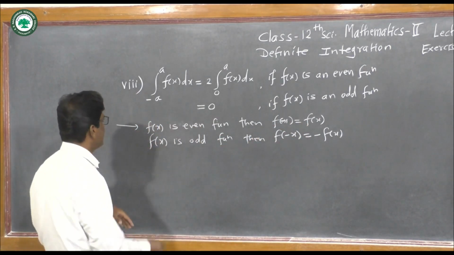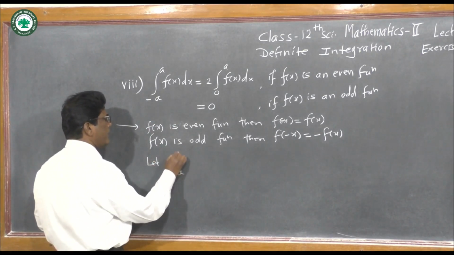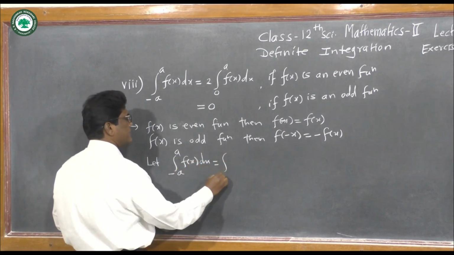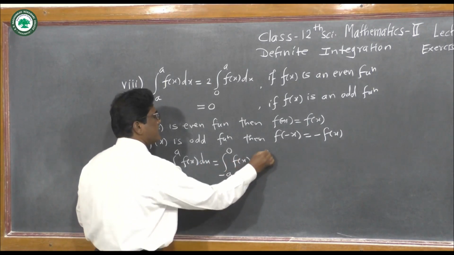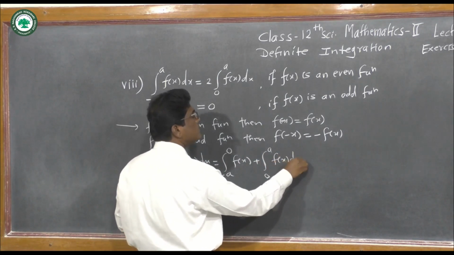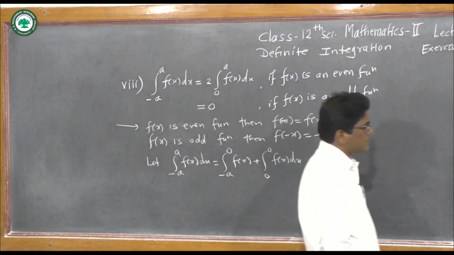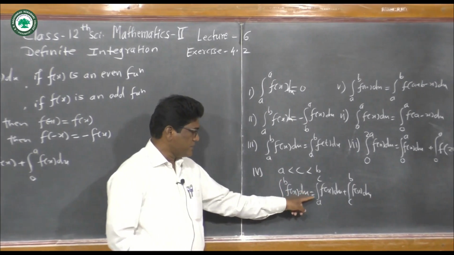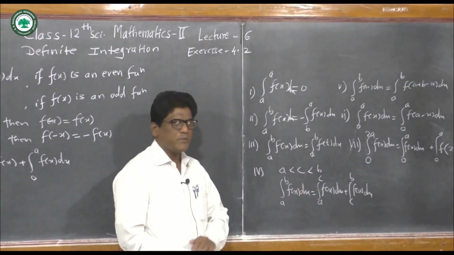Now here we consider integration from minus a to a of f of x dx, and we write this as integration from minus a to 0 of f of x dx plus integration from 0 to a of f of x dx using the fourth property. The fourth property is: a is less than c is less than b, then integration from a to b of f of x dx is equal to integration from a to c of f of x dx plus integration from c to b of f of x dx.